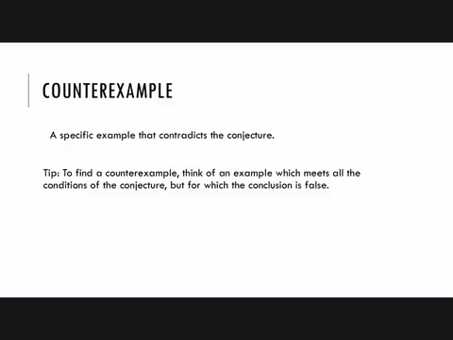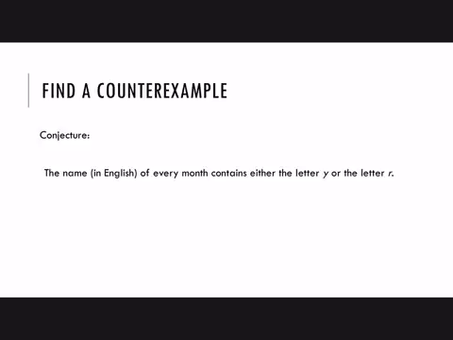So to find a counterexample, you try to think of an example that meets all of the conditions of the conjecture, but for which the conclusion is false. Right. So let's say that you inductively decided that the name in English of every month contains either the letter Y or the letter R. So maybe really quickly you just thought, okay, January, February, March. Oh, those all have Y's and R's in them, so this is your conjecture.